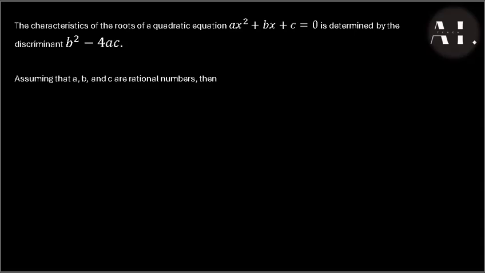The characteristics of the roots of a quadratic equation, ax squared plus bx plus c is equal to 0, are determined by the discriminant b squared minus 4ac.